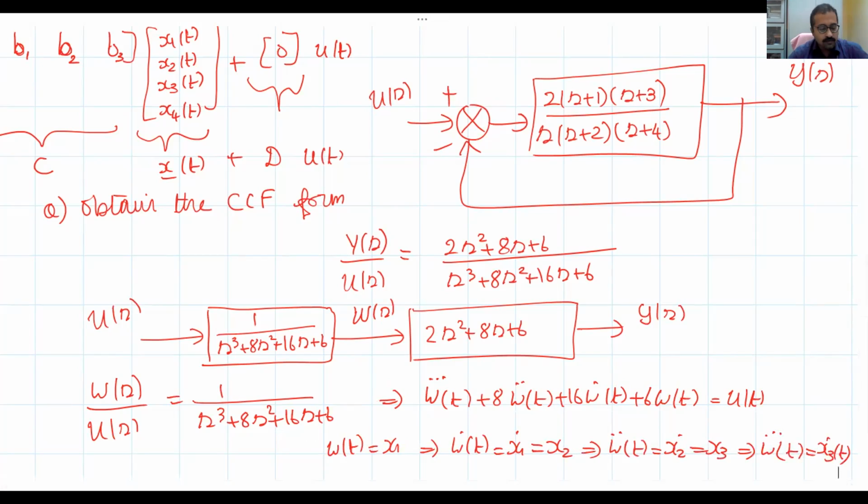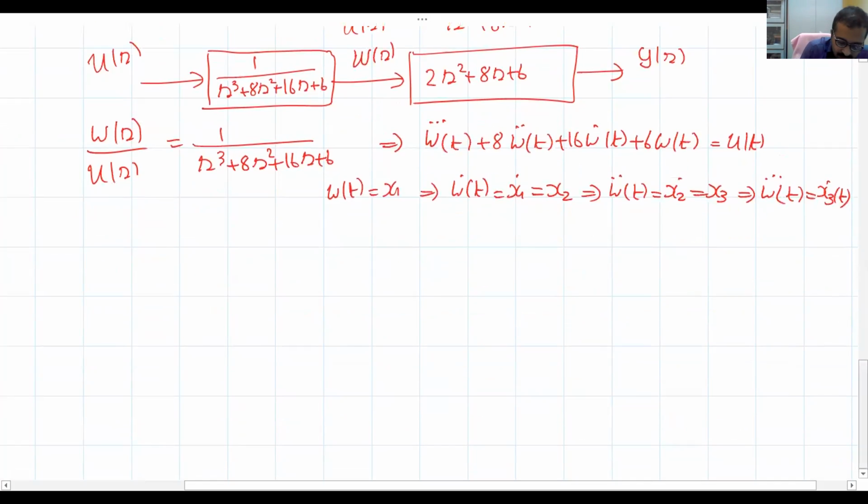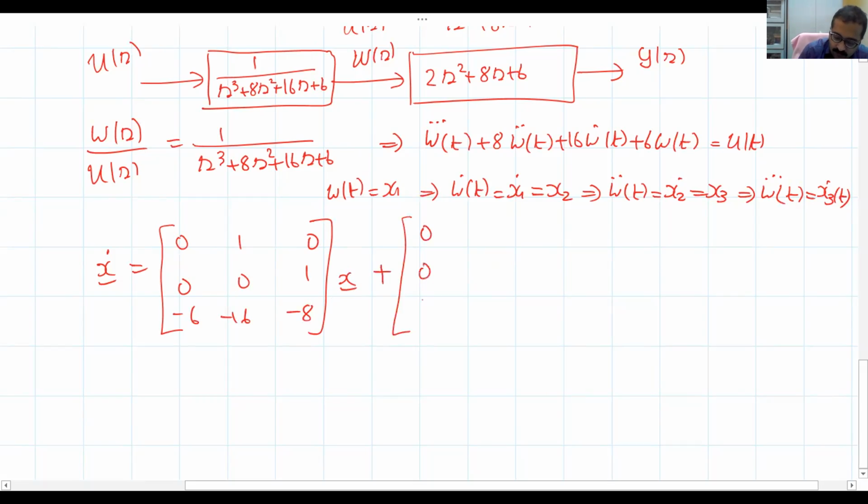You can do these arrangements and write it for yourself. Eventually you will get your A matrix like this. x dot equals 0 1 0, 0 0 1, minus 6 minus 16 minus 8 into x plus 0 0 1 u.